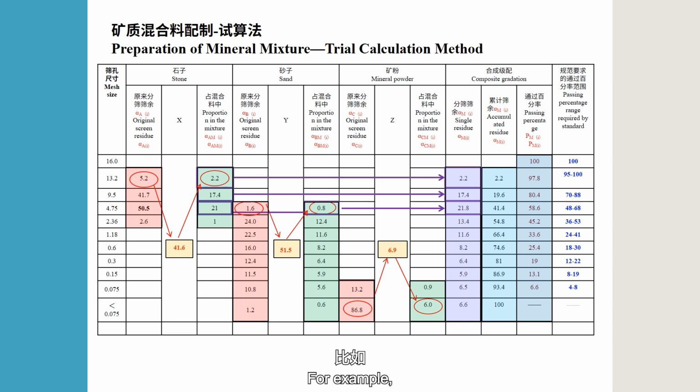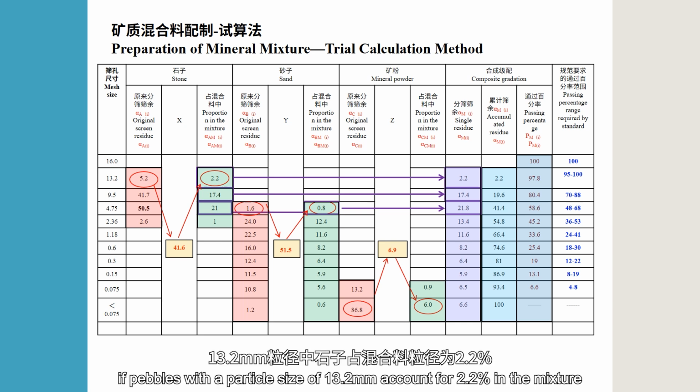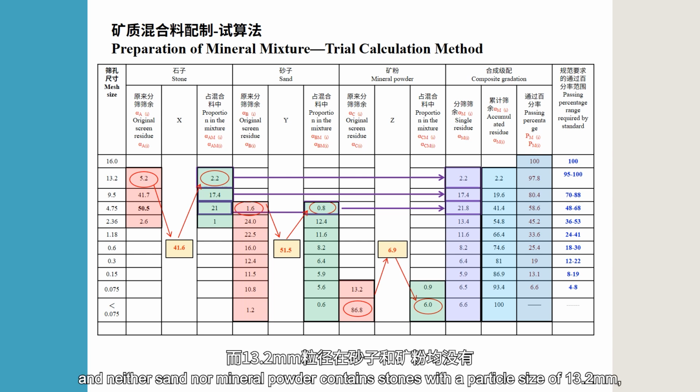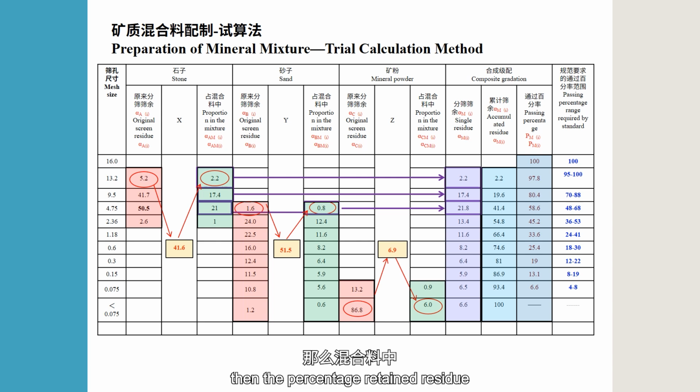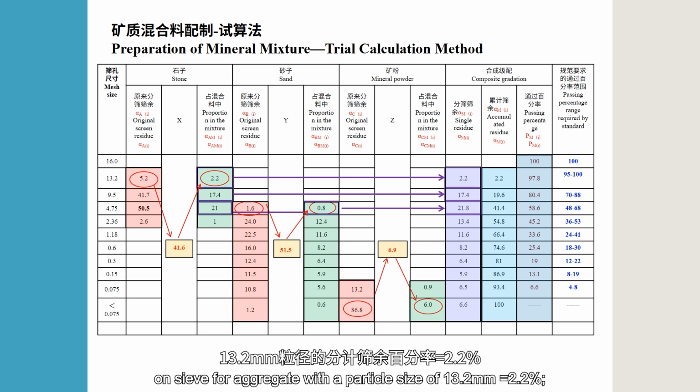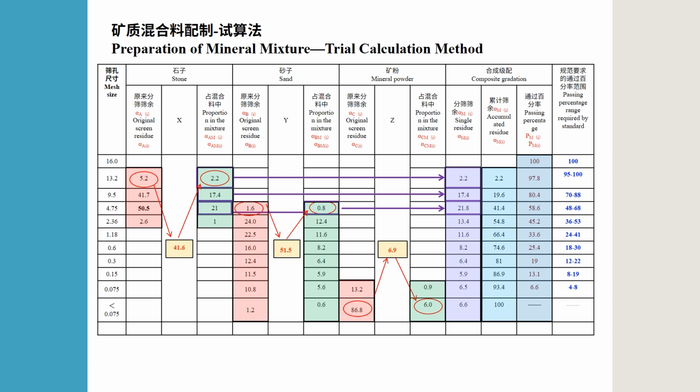For example, if stones with a particle size of 13.2 millimeters account for 2.2% in the mixture, and neither sand nor mineral powder contains stones with a particle size of 13.2 millimeters, then the percentage retained residue on sieve for aggregate with a particle size of 13.2 millimeters equals 2.2%.